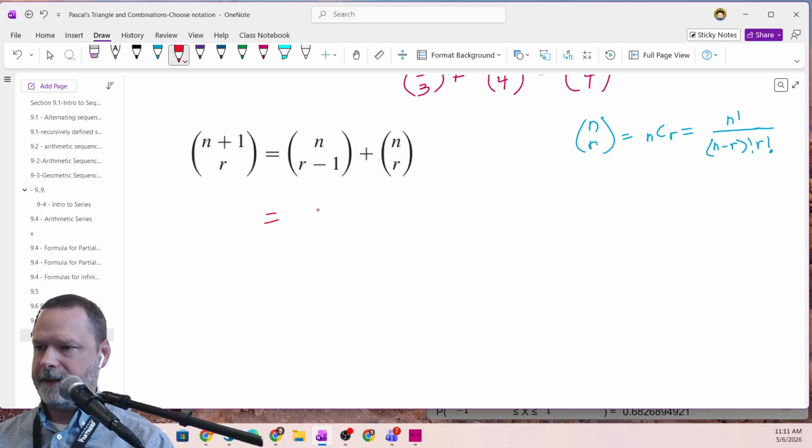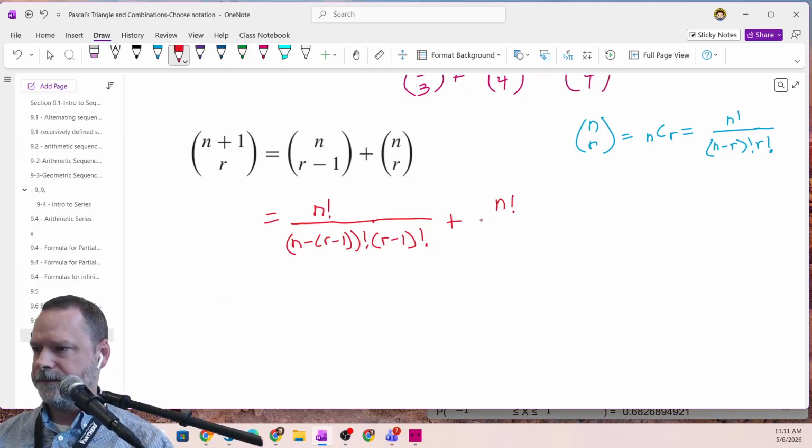So this guy here is going to be n factorial over n minus r minus 1 factorial times r minus 1 factorial, plus n factorial over n minus r factorial times r factorial. Okay.